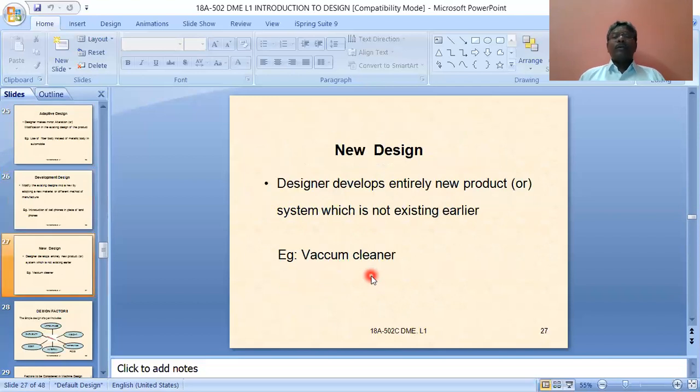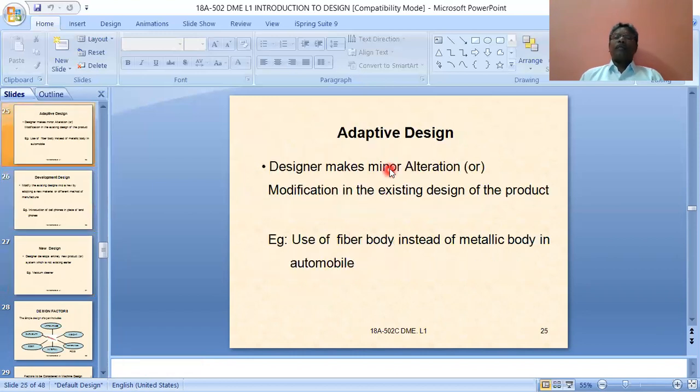Now a new design, that means here the designer develops entirely new products. There is no copy, no changes in an existing one. It means a system which did not exist earlier. The designer develops an entirely new product, for example a vacuum cleaner in this case. These are the three methods. Number one is the adaptive design with minor alterations and minor modifications.